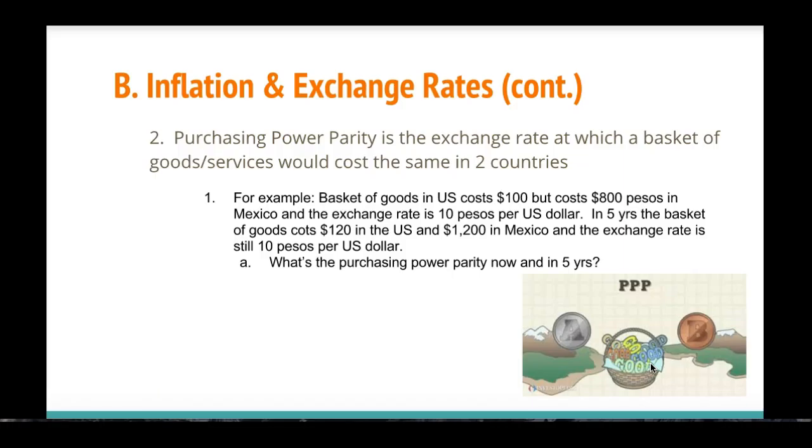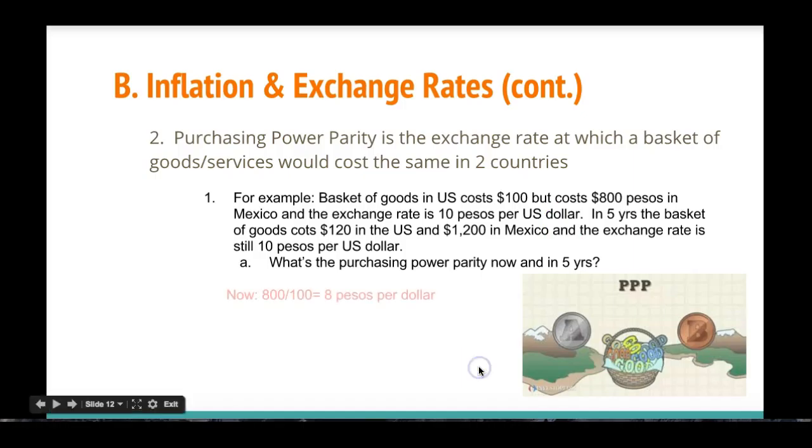So I am going back to that same example that I had on the last slide. You'll notice it's still talking about the United States and Mexico, but now we're determining the purchasing power parity now and in 5 years. So we're comparing the prices now and in 5 years, and we're not actually using that 10 pesos per US dollar this time.